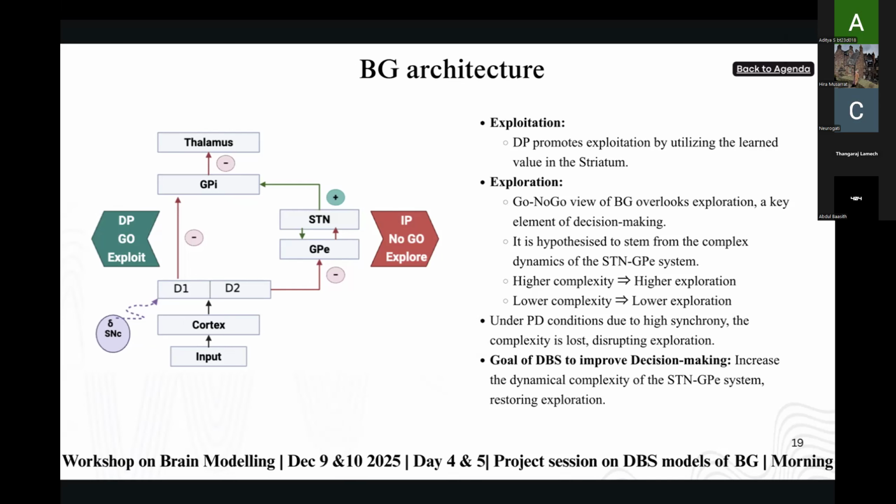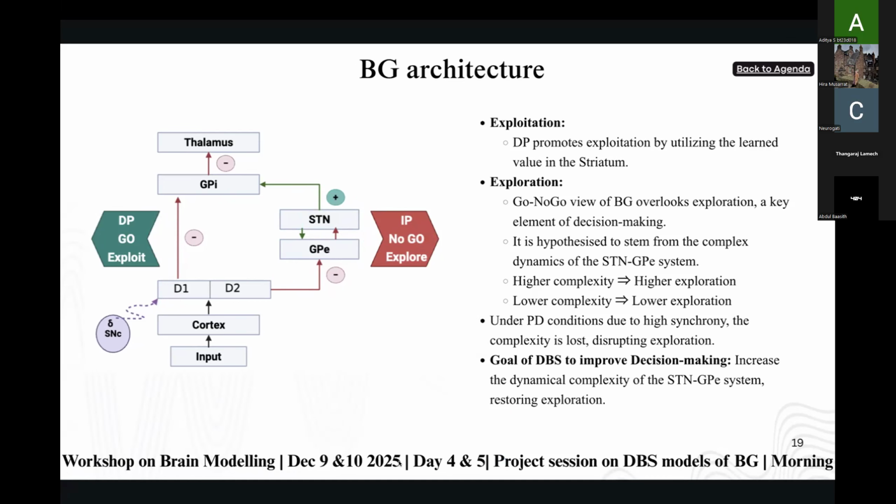Saying, okay, out of these three actions I have, action A has higher value, so better go for that action. What about exploration? Exploration actually comes from the random or the complex dynamics of the STN-GPE system. Now, why I say complex is, do you think exploration is random or very strategic in general? In general, we tend to explore randomly, right?